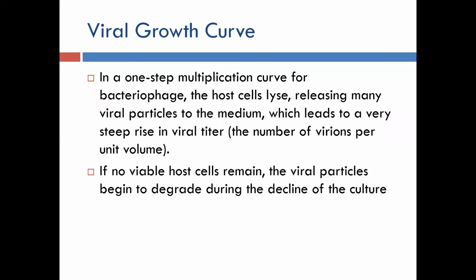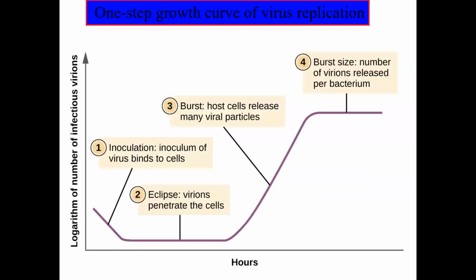So you're going to see the number of viral particles going from 0 to 100 during that process. If no viable host cells remain, the viral particles will begin to degrade during the decline of the culture. So this is what the growth curve of a virus looks like compared to that of a bacteria.